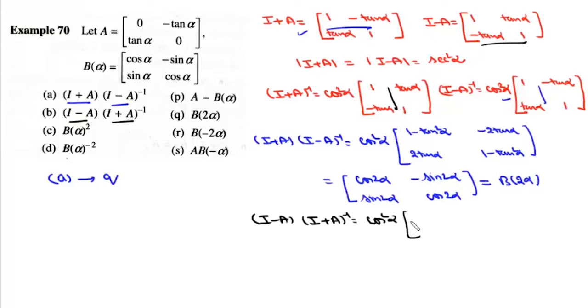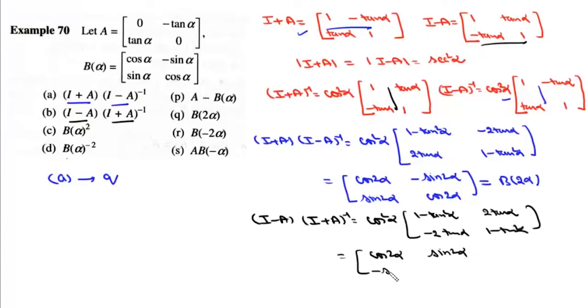Now we multiply them, we'll get 1 minus tan square alpha, and then it'll be 2 tan alpha, minus 2 tan alpha and then 1 minus tan square alpha, which is cos 2 alpha, sin 2 alpha, minus sin 2 alpha and cos 2 alpha, which is nothing but B minus 2 alpha. So that means this B matches with R.